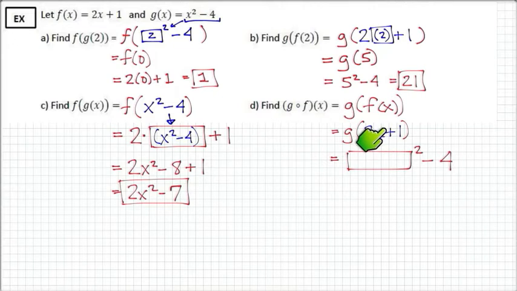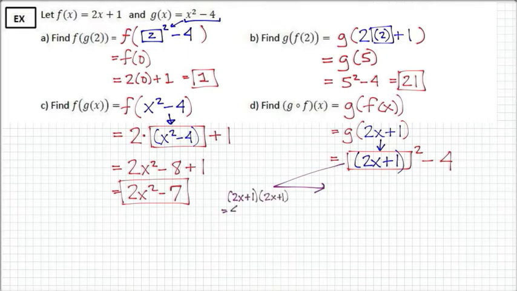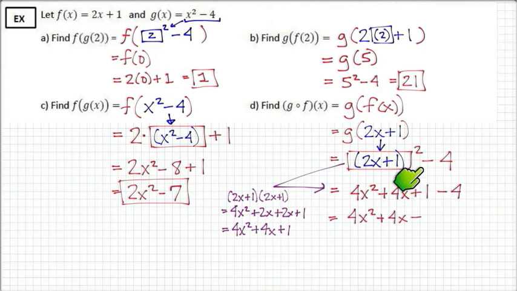I put the entire input into the box. Then I multiply it out, and be careful when you multiply it out. Do not be tempted to distribute the exponent over these two terms. It's not going to be 2x squared plus 1 squared. You have to actually multiply it all out, and you'll get this. Then I simplify.